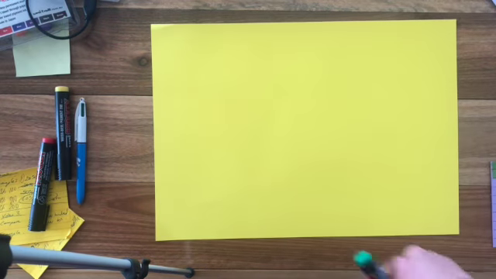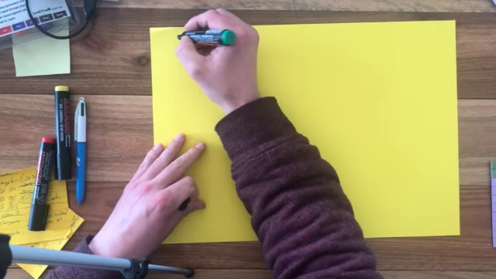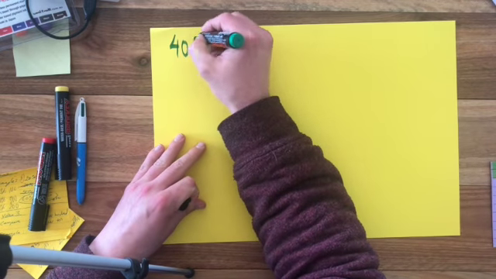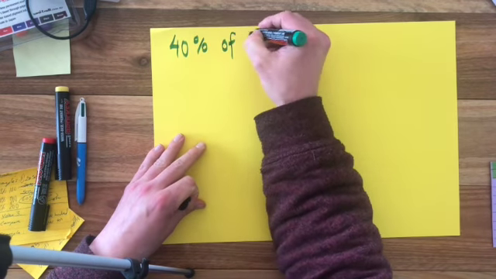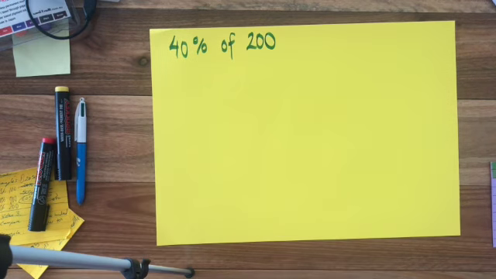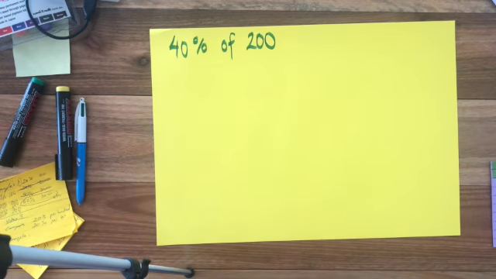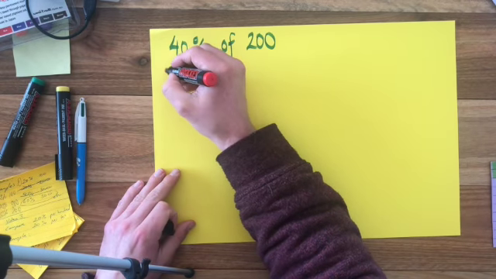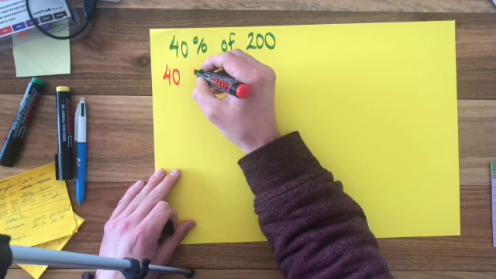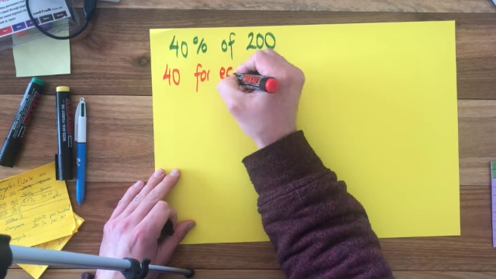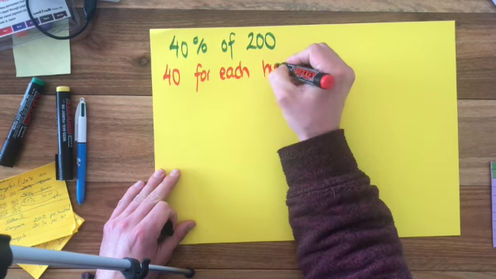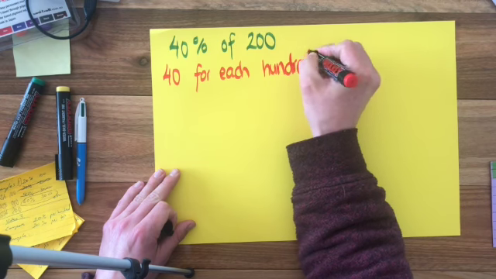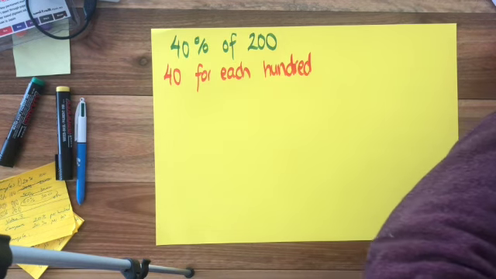Next example was 40% of 200. So what does that mean? Well, we know what percent means, so it's 40 for each 100. Let me get my diagrams.